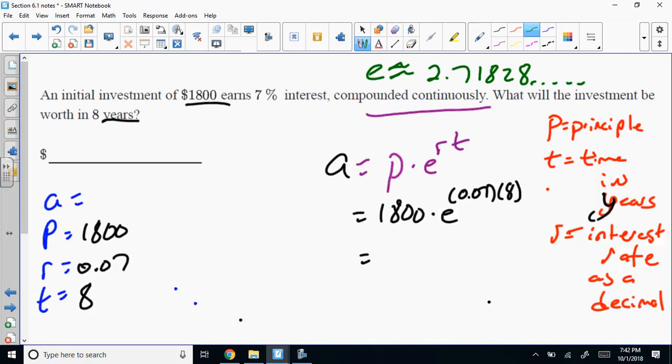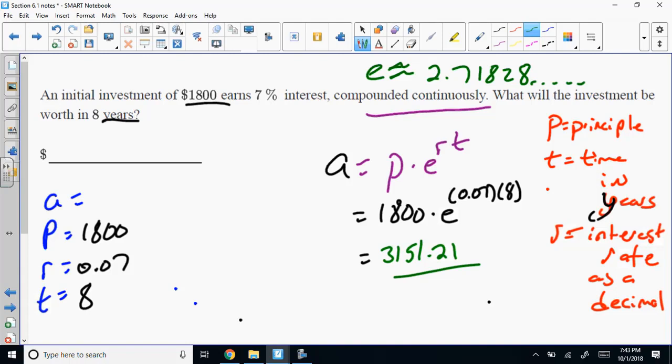So if we take 1,800 times E, E should be above your LN button. LN's natural log. I know it should be NL for natural log, but it's LN. So if you go back in a time machine, get them to change it, okay? All right. So after 8 years, it ought to be at that amount, right? $3,151.21.